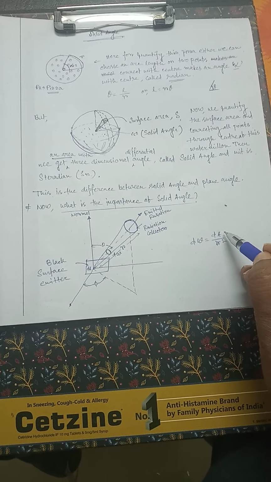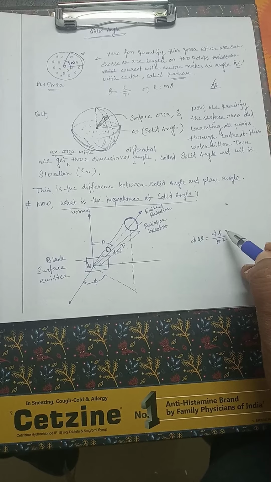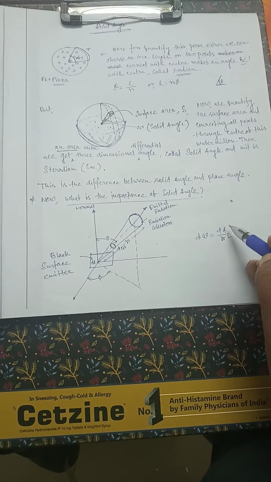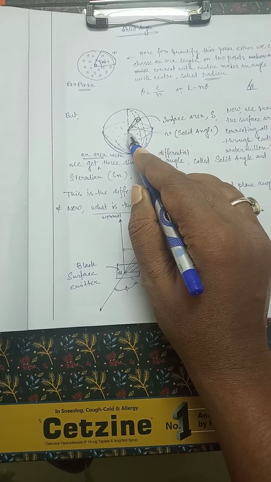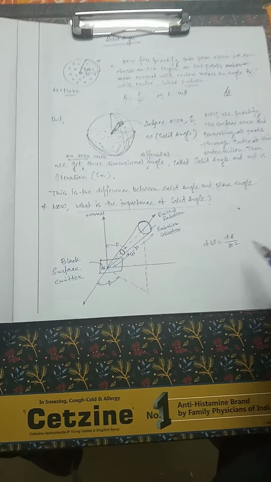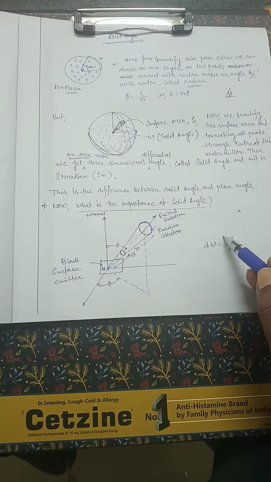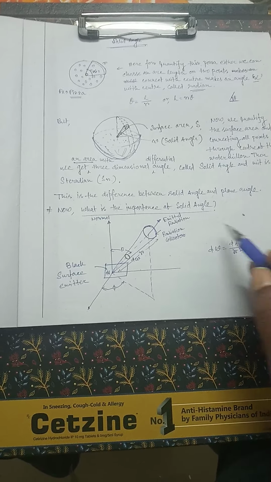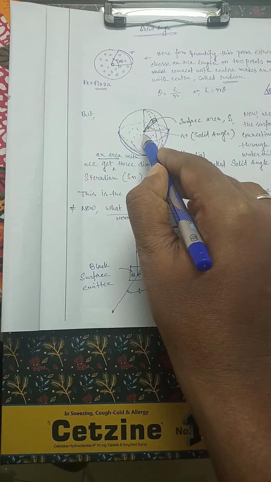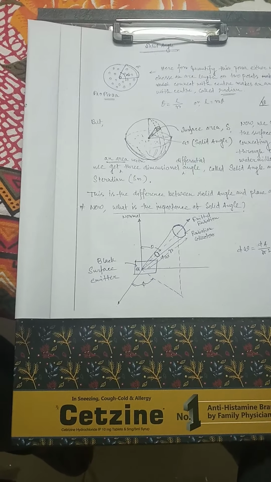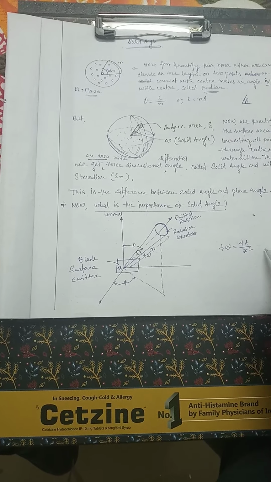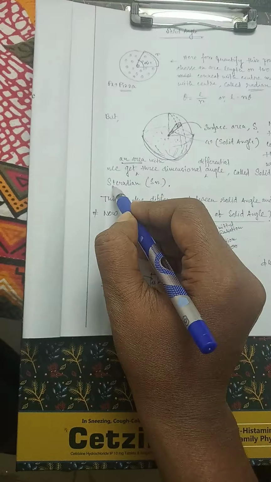The surface subtended by the solid angle, at this point, is called the solid angle, and the unit is meter square by meter square, or we can say steradian.